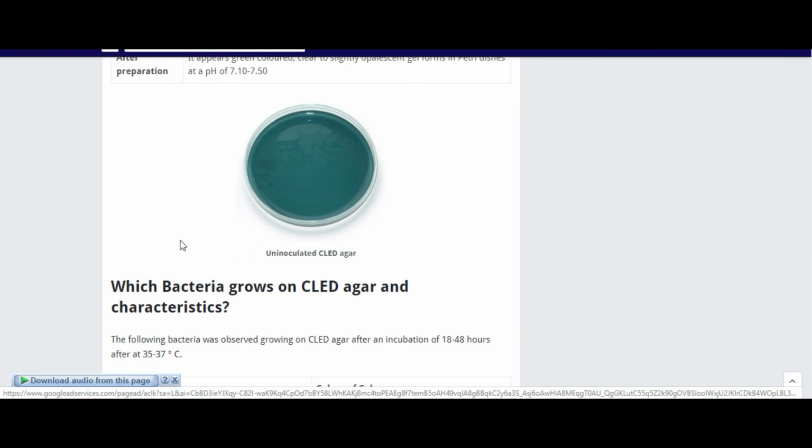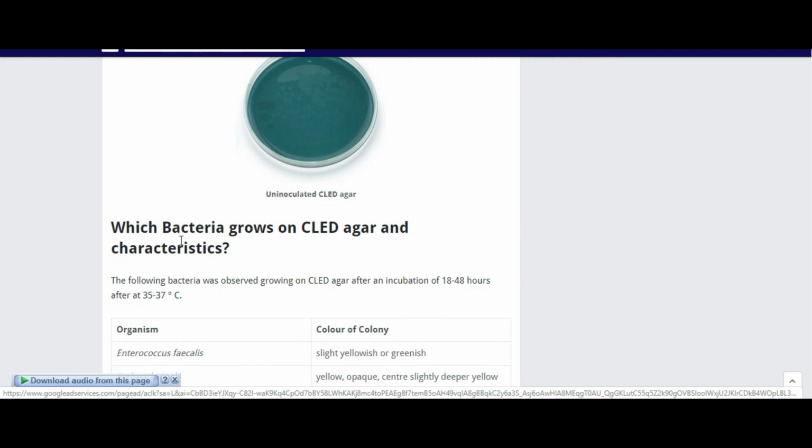Okay, so let's talk about the characteristics of those bacteria that will grow on CLED Agar. After preparing your CLED Agar and inoculating the specimen, it is incubated for 18 to 48 hours at a temperature of 35 to 37 degrees centigrade.